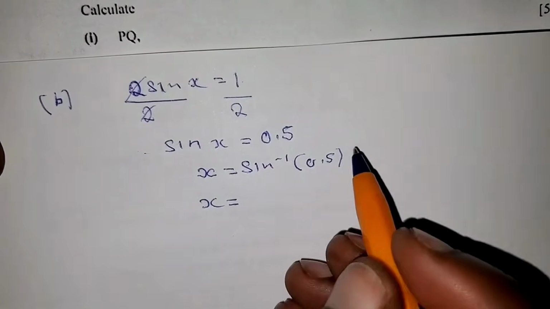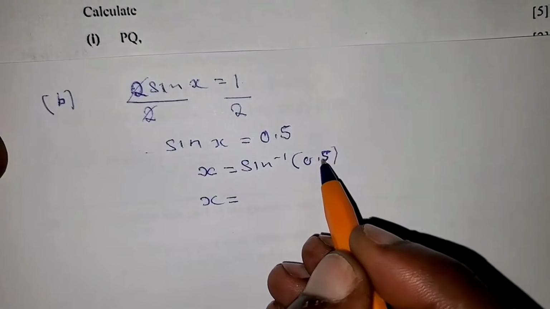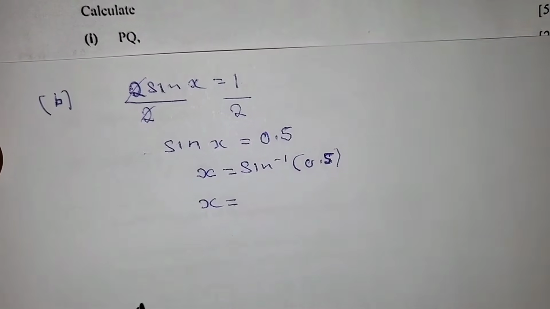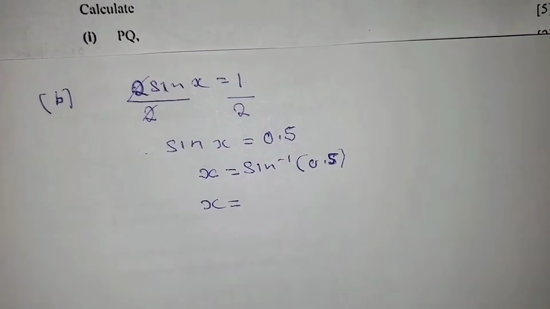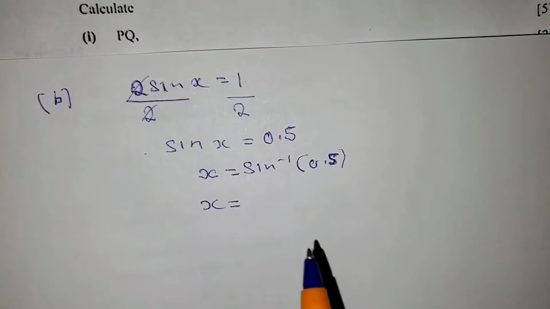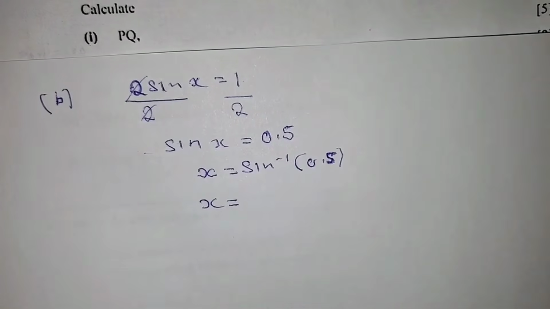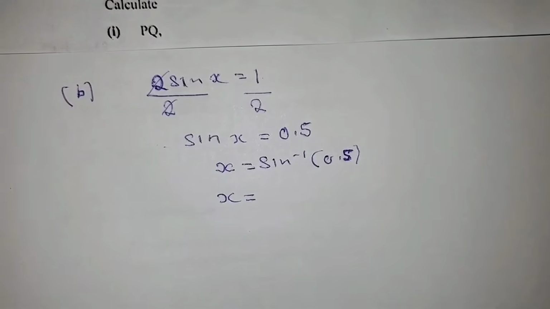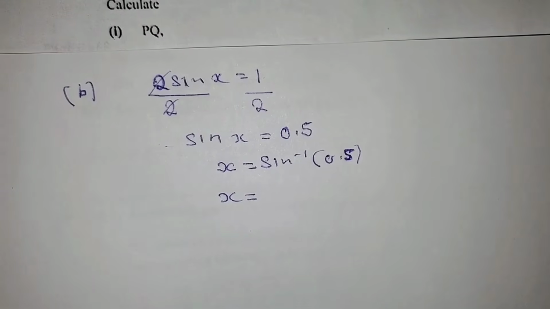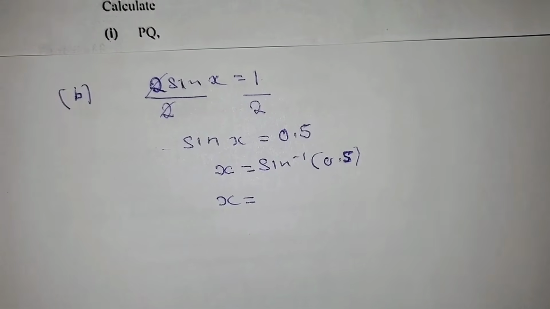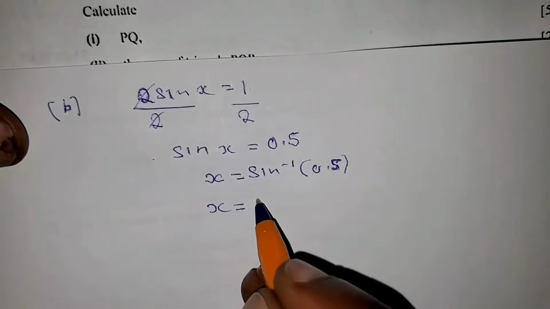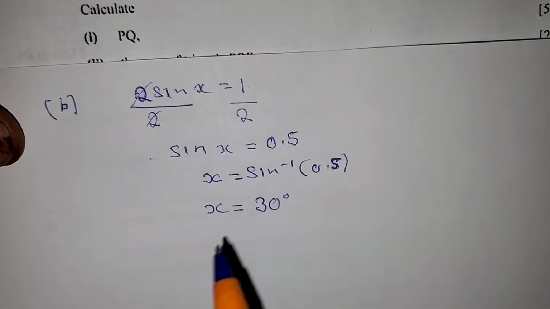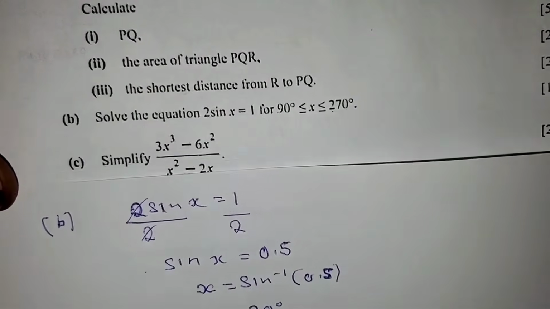There's a full video we've done on trigonometric equations, so this is simple to those who've watched the video before. So sine inverse of 0.5 is simply 30 degrees. Now look at the range.